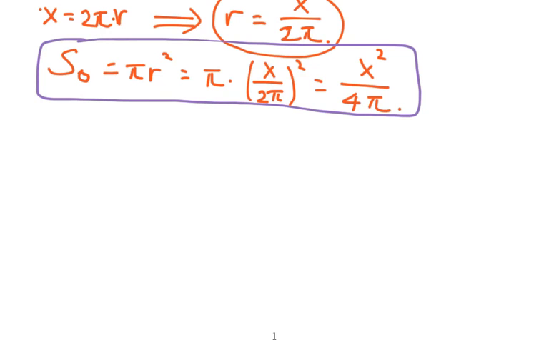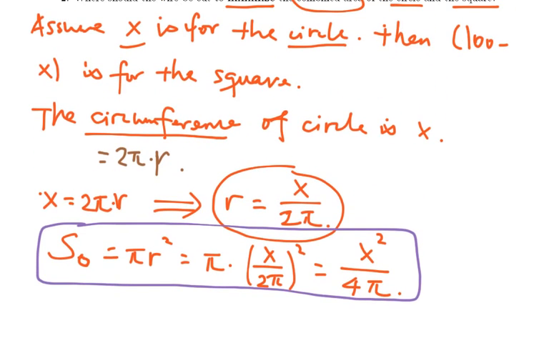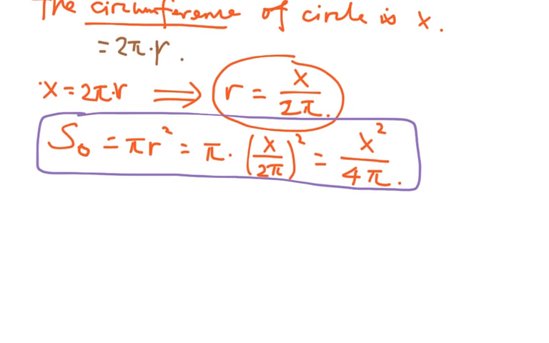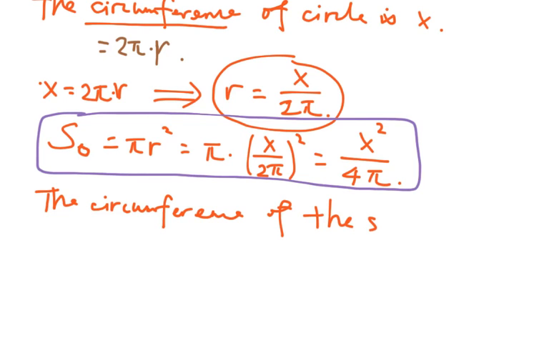And then, because we use 100 minus x for the square, that means the circumference of the square is 100 minus x.